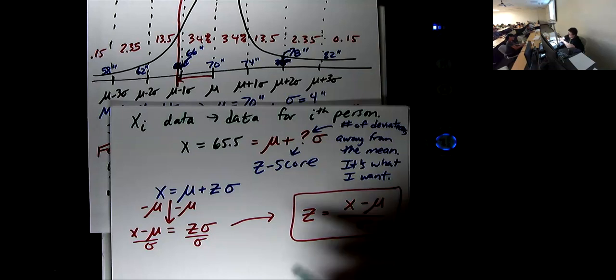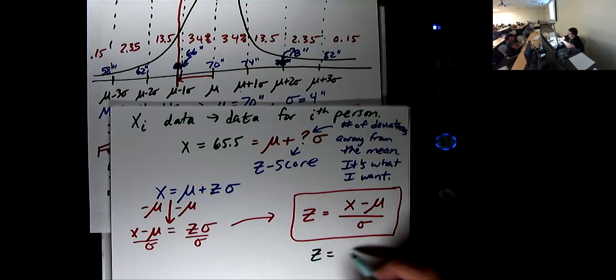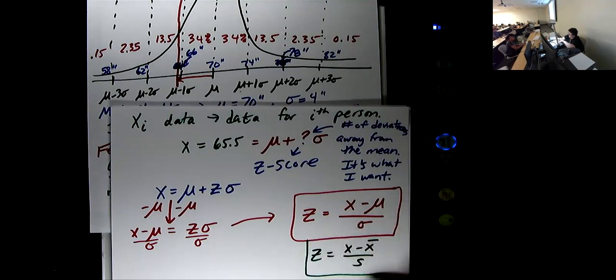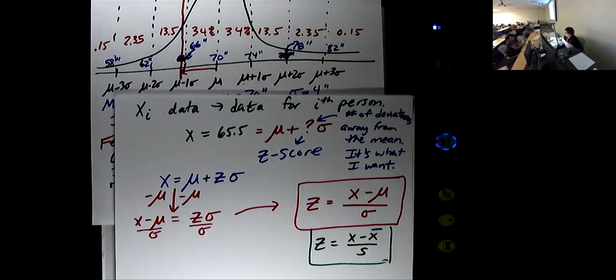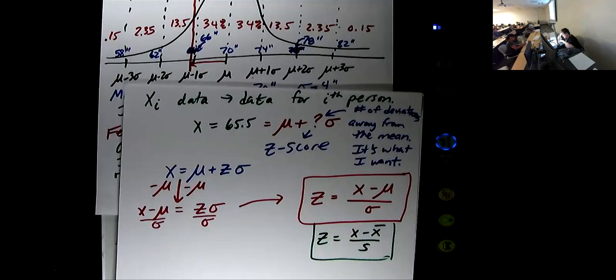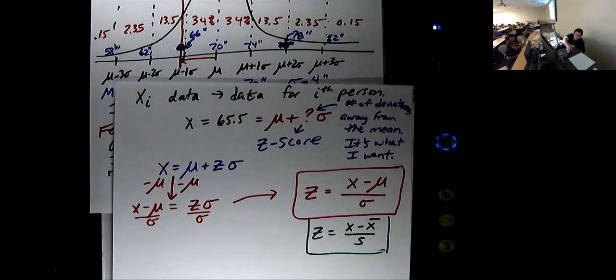In terms of samples, it's (x minus x bar) over s. That's the sample version, and the red box is the population version. Now check that out.